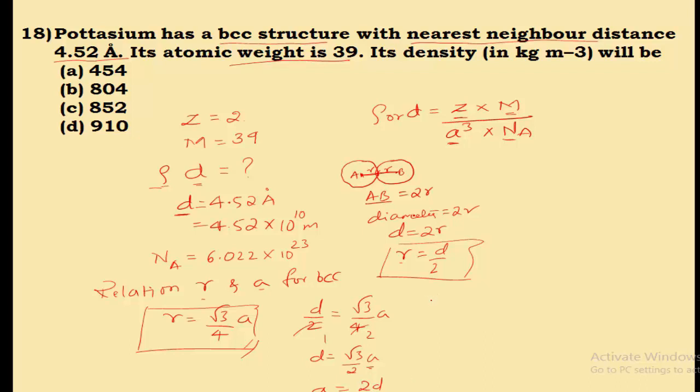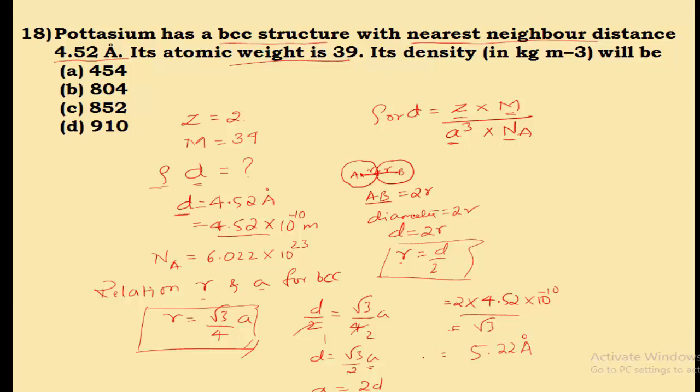Then 2D. So substitute the value of D. What is D? D means 4.52 into 10 raised to minus 10 meter. So 2 into 4.52 divided by root 3 becomes equal to 5.22 angstrom.